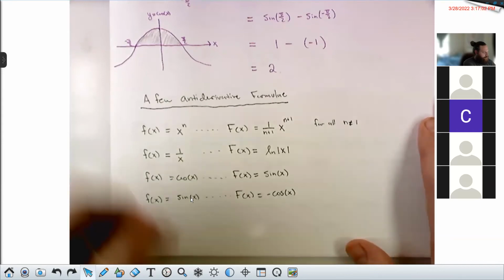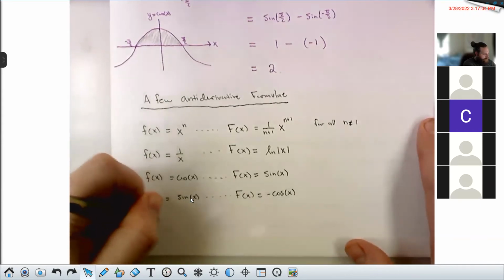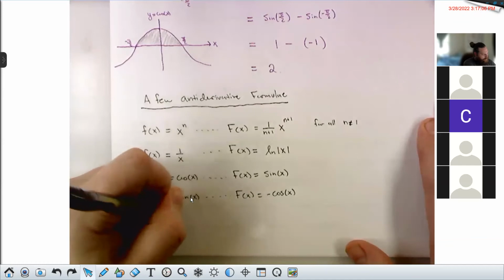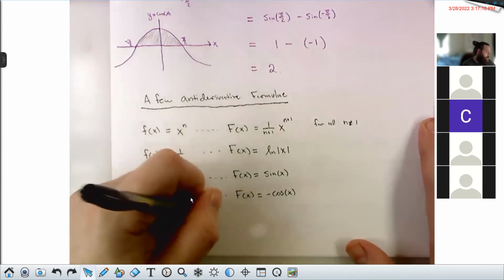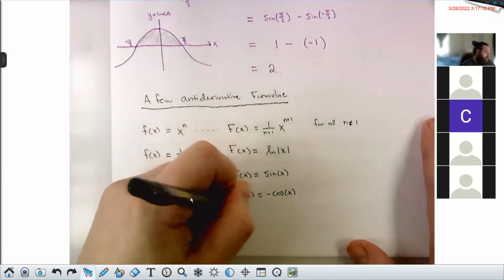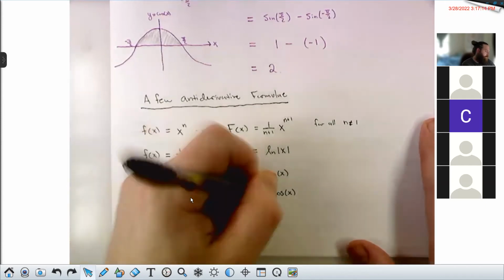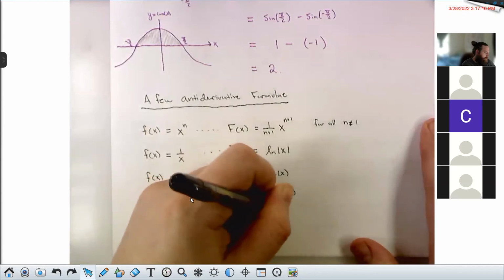Some other results from trig. Secant squared, you know, is the derivative of tangent. So an antiderivative for secant squared is tangent.